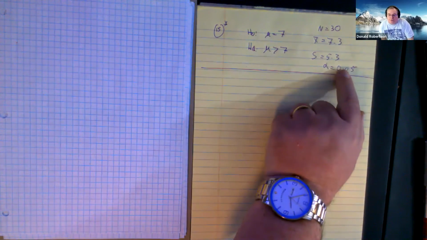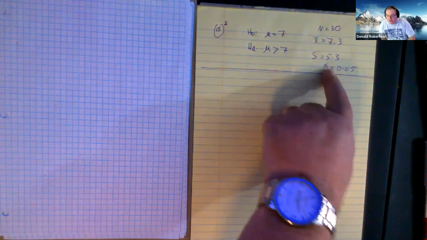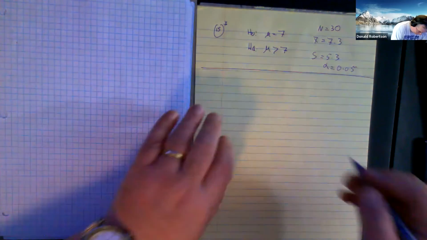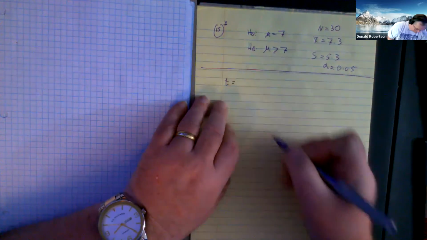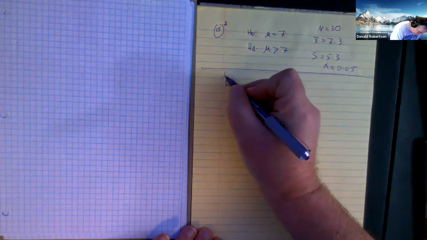If you get a question where they just don't tell you or they forget to tell you, assume that it's 0.05, because that seems to be their go-to number, right? Just in case there's one that misses it. And they jump right into it. The first thing that they ask you is find the T-score. Find the test statistic.